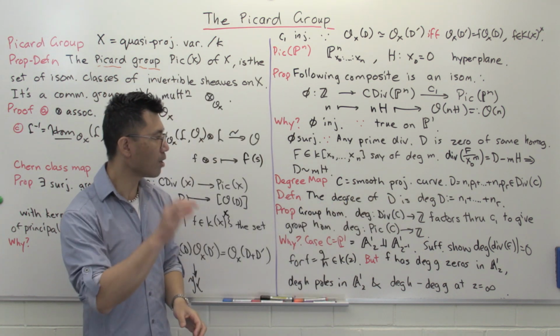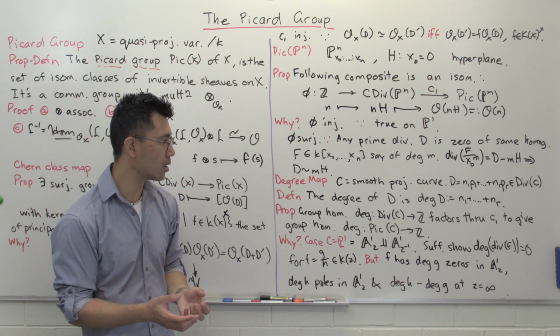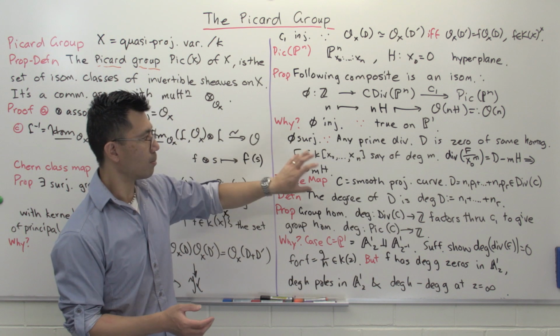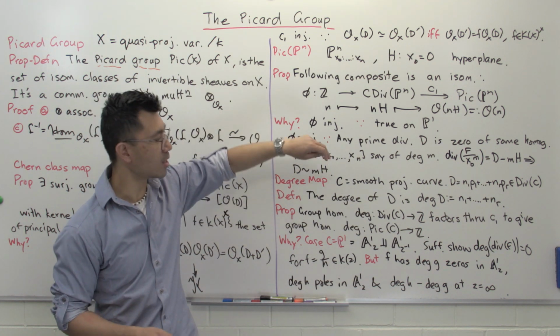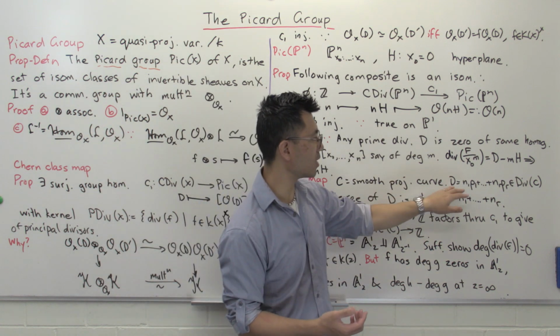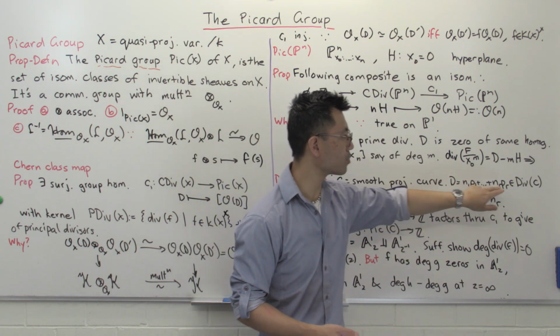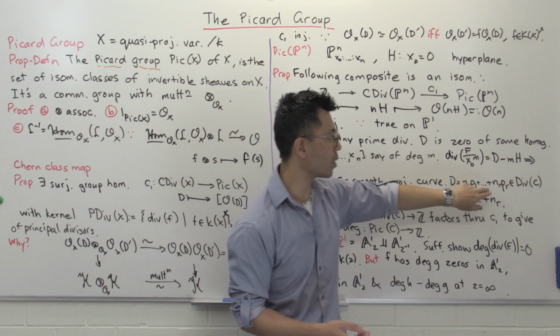If you look at smooth projective curves, you have an extra technique to try to understand the Picard group, and that's called the degree map. So let C be some smooth projective curve, and suppose you have some divisor D on it. That'll be just some Z-linear combination of points P1 up to PR, and let's suppose the coefficients are N1 up to NR.